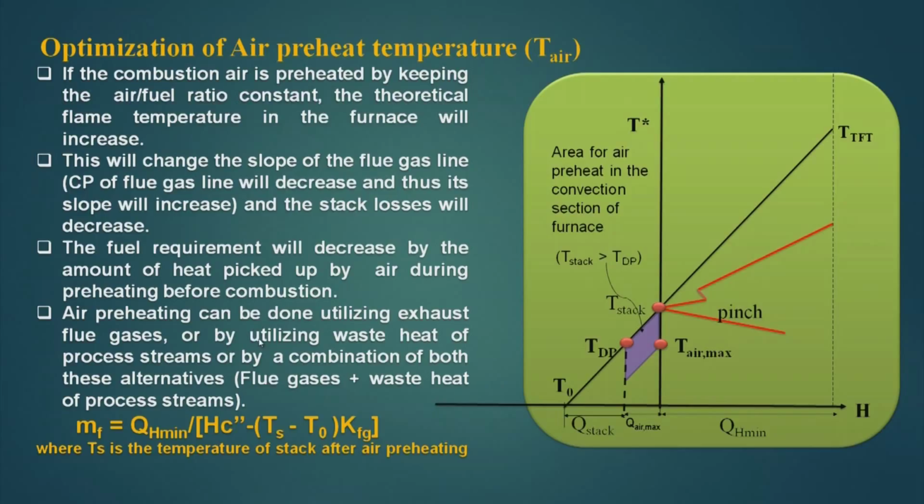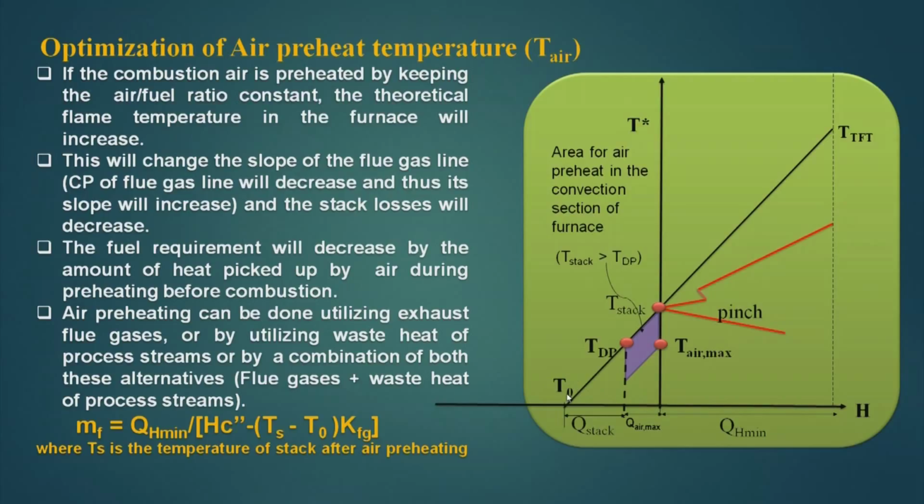So, the air preheat can be done utilizing exhaust flue gas. Now, this air preheating can either be done by using the exhaust heat from the flue gas, or it can be heated by the lower pinch area of the GCC. So, this is also a heat source, it can be heated by this or by both.